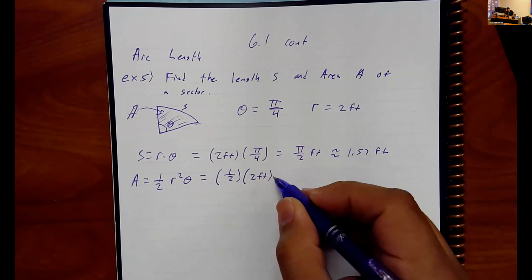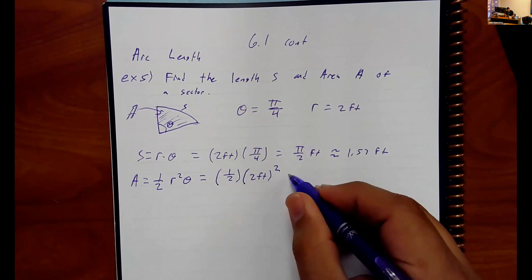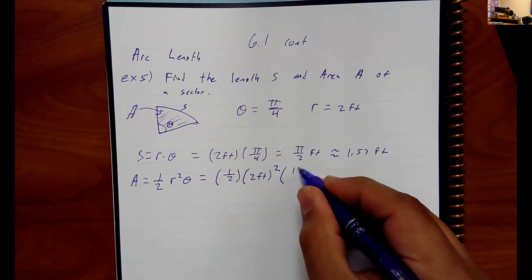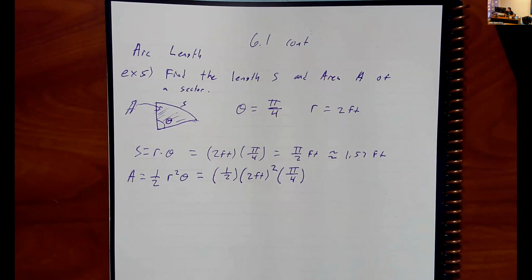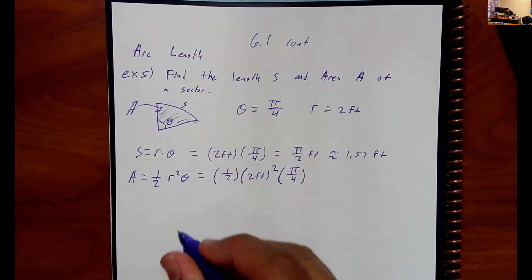So r is 2 feet, so plug it in. r squared times theta, that'll be pi over 4. So the area of the sector would be 1/2 times 2 feet squared times pi over 4.